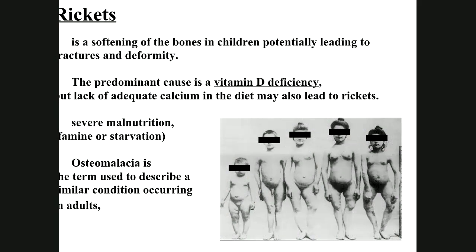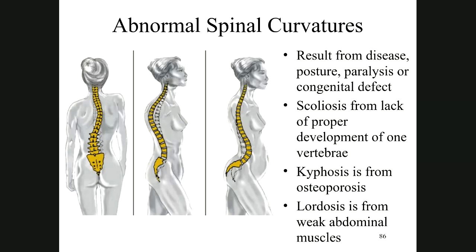Okay, and you can see here in the rickets, I believe this is the same child taken over time, that if you lack vitamin D, bow-legged. The abnormal curvature, don't worry about this. This is kyphosis, scoliosis, and this is lordosis. We call that.